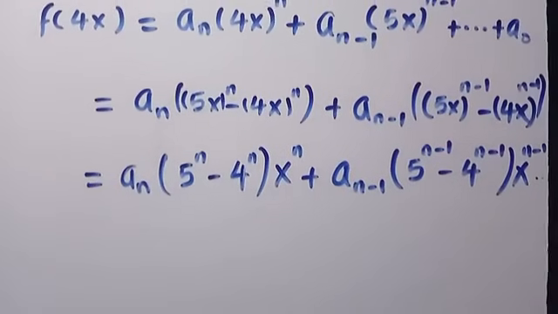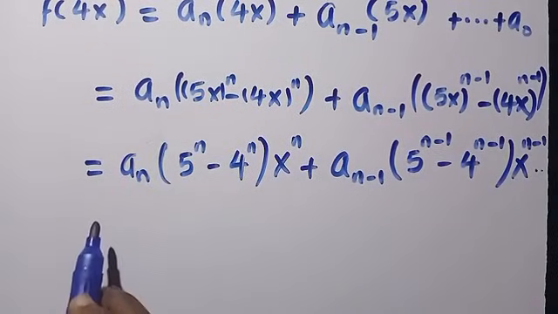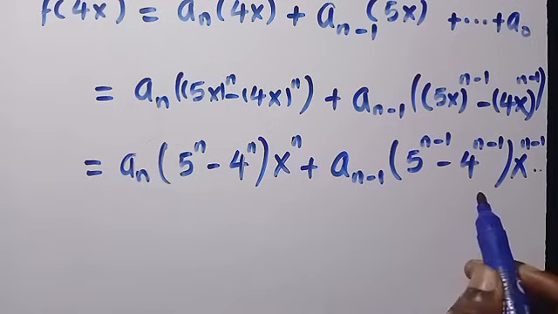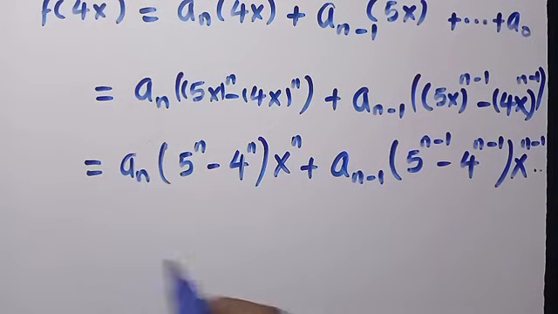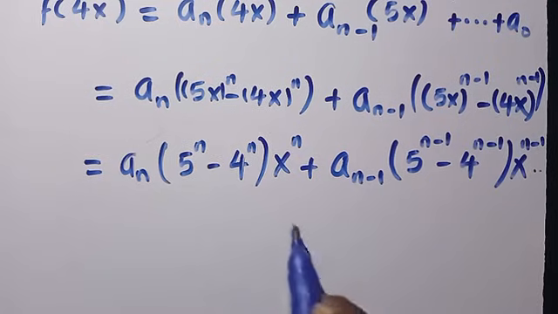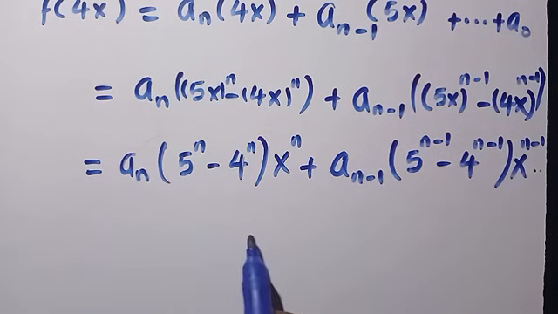Then since we have f of 5x minus f of 4x at the left hand side, the whole of the left hand side equals this, but the right hand side equals 2x. Since that one equals 2x and the power of that x here is a linear form, it is a linear polynomial, which means we are expecting to stop when we have the degree of 1.